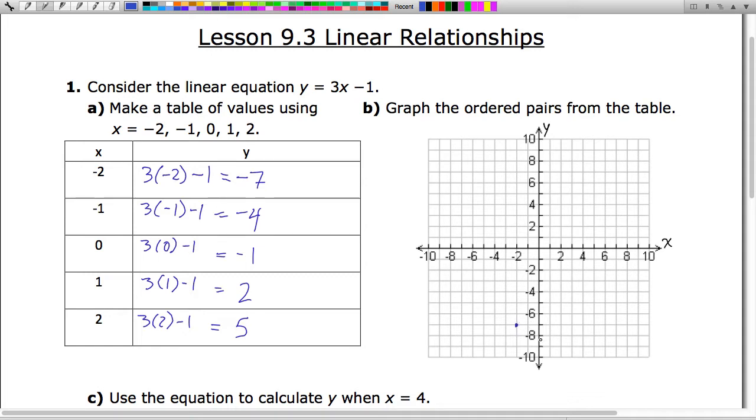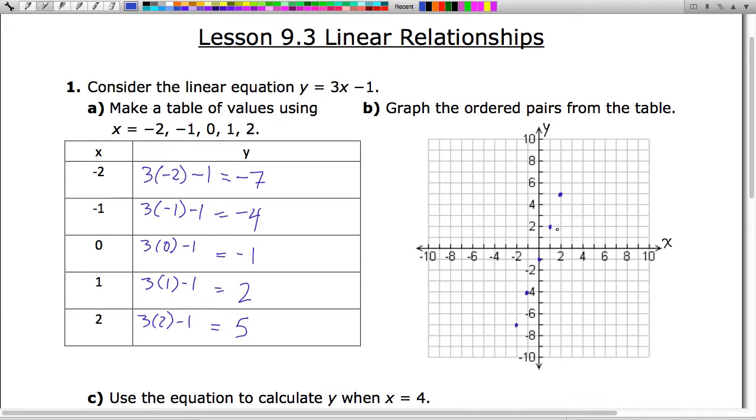That's right there. And the next point we've got is -1, -4. So it's 1 left and down 4. And the next point we've got is at 0, -1. And then we've got 1, 2. And the next point we've got is at 2, 5.